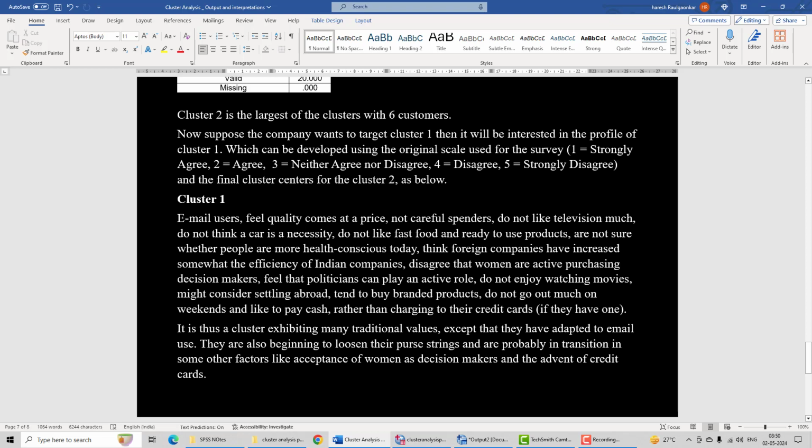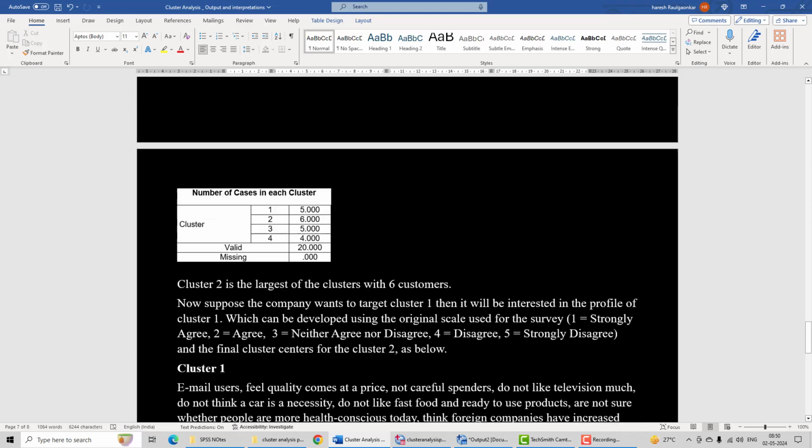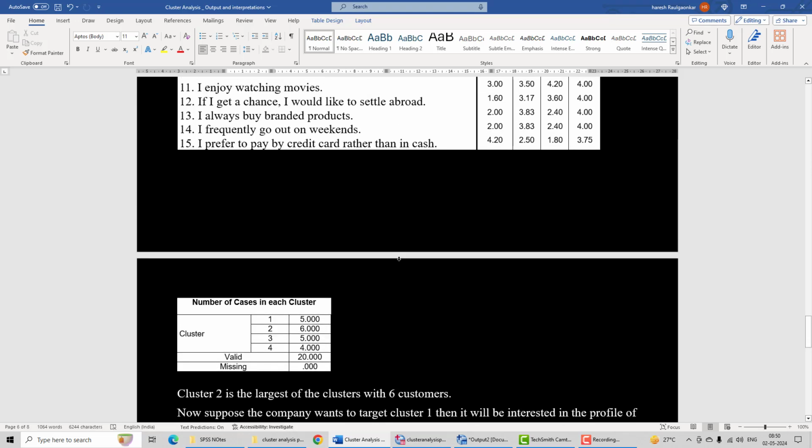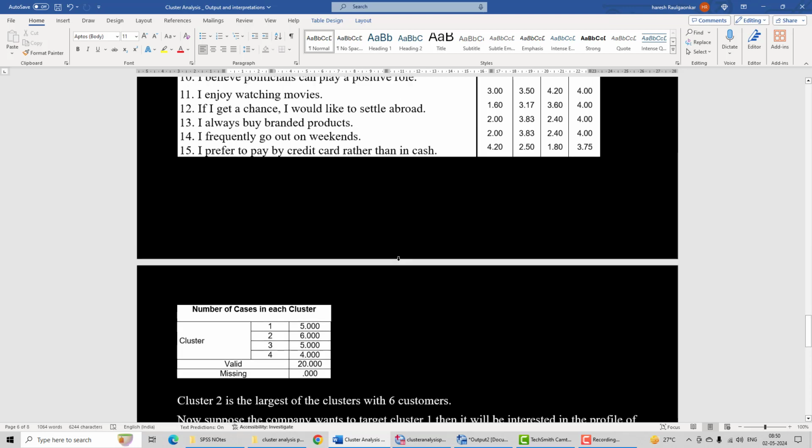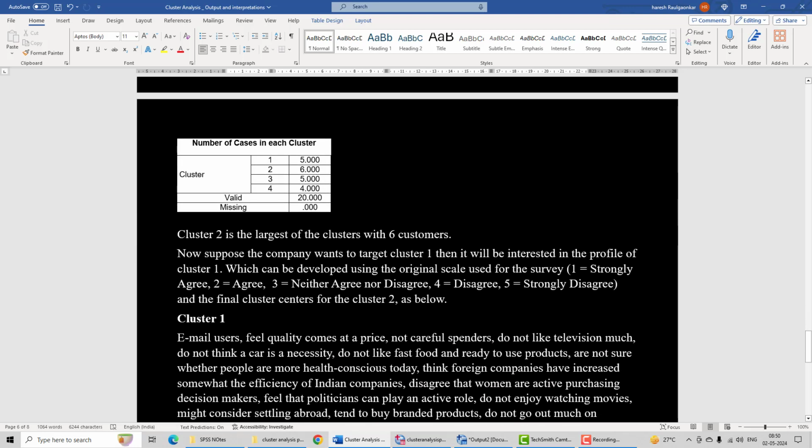So you can use this particular information very effectively in designing communication strategies or advertisement campaigns to focus on this particular cluster of customers. If the company tells you to focus on the largest cluster, you should go for cluster number 2 and describe that.